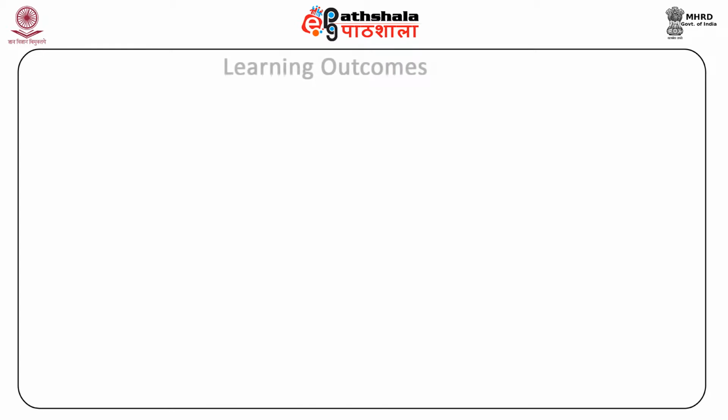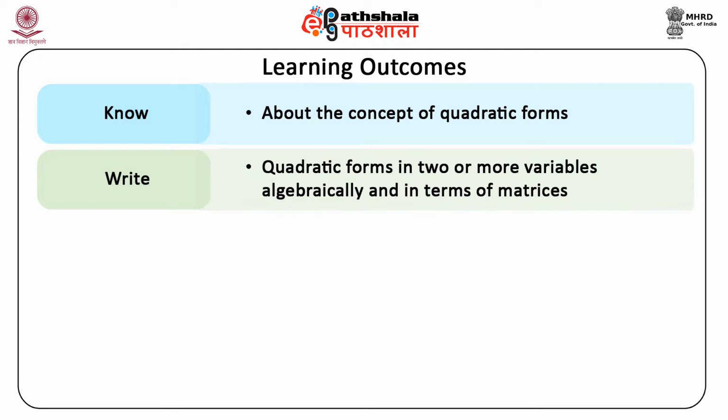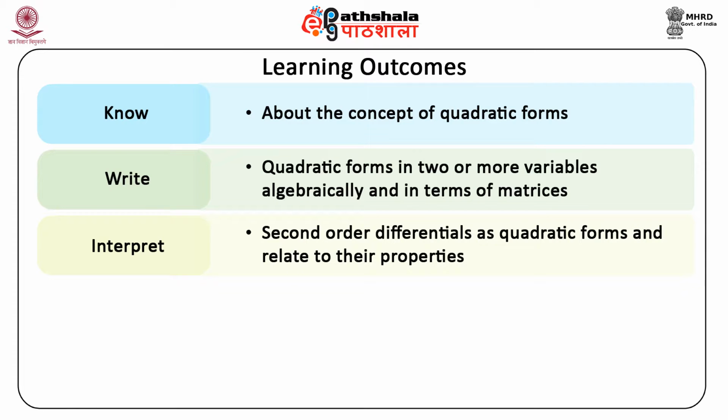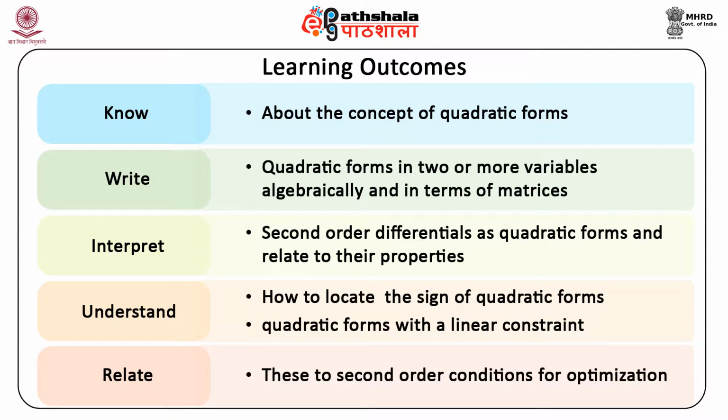After studying this module, you shall be able to know about the concept of quadratic forms, write quadratic forms in two or more variables algebraically and in terms of matrices, interpret second order differentials as quadratic forms and relate to their properties, understand how to locate the sign of quadratic forms, understand and analyze quadratic forms with a linear constraint, and relate these to second order conditions for optimization.